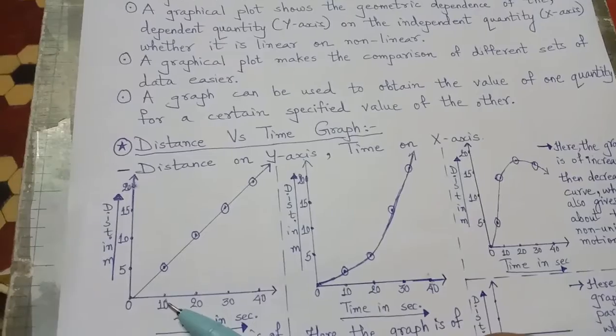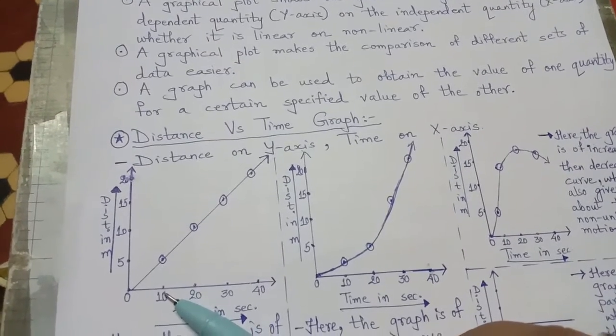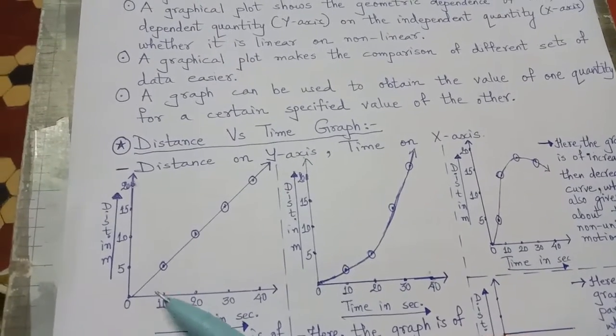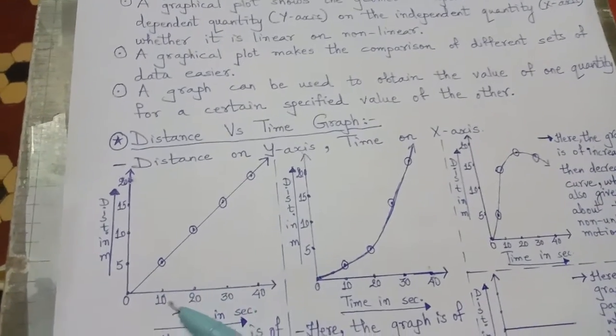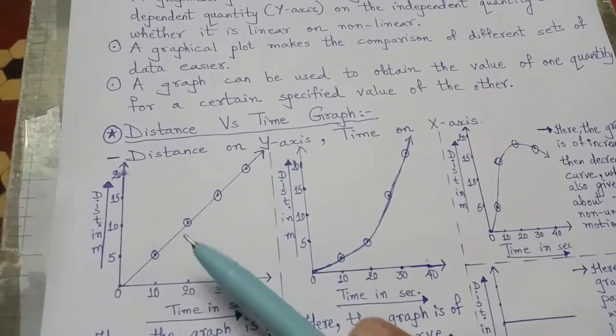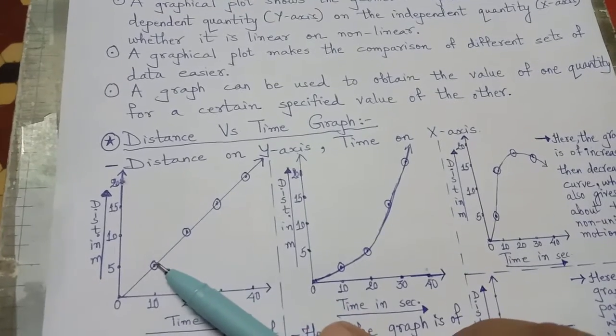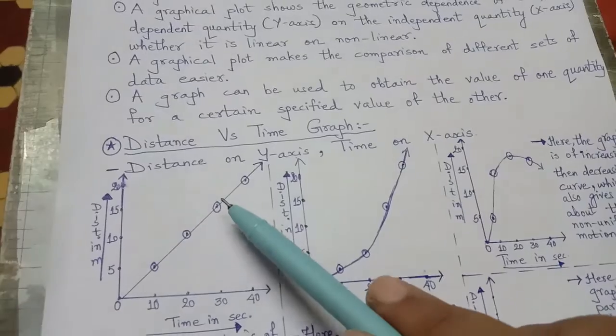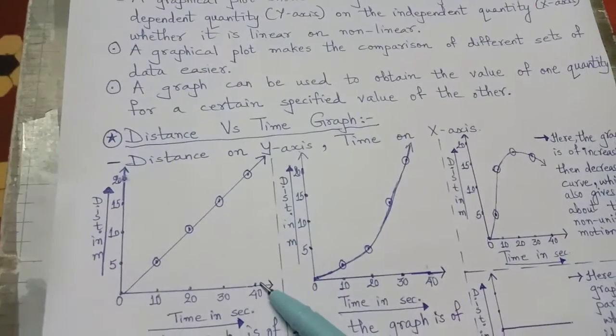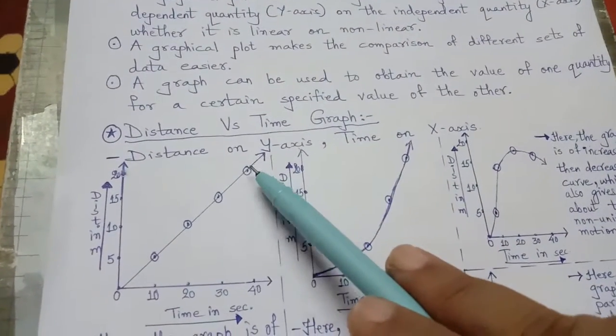0 to 10 means 10 seconds. At 10 seconds the object is at 5 meter. Now 10 more seconds, from 10 to 20, the object also increases 5 meter more. Again 10 seconds increase, 5 meter more.